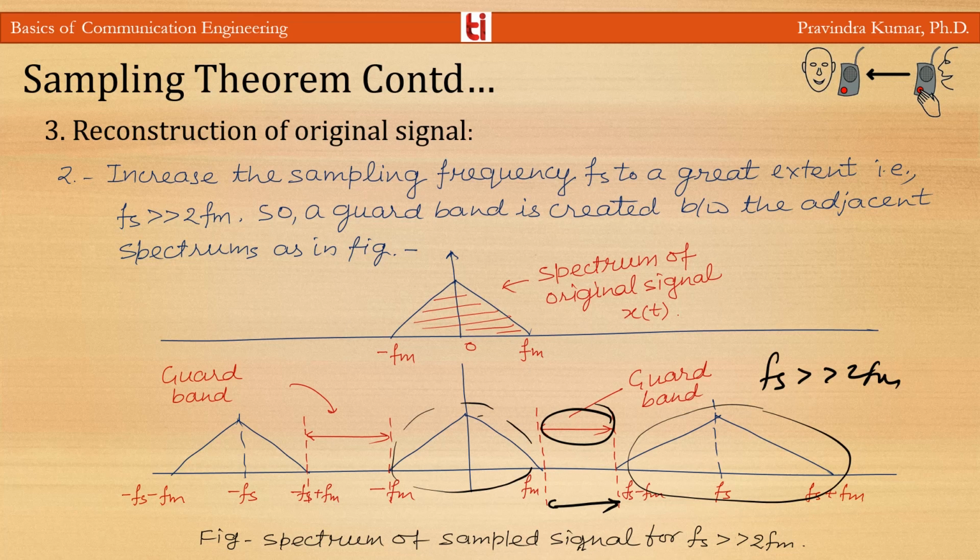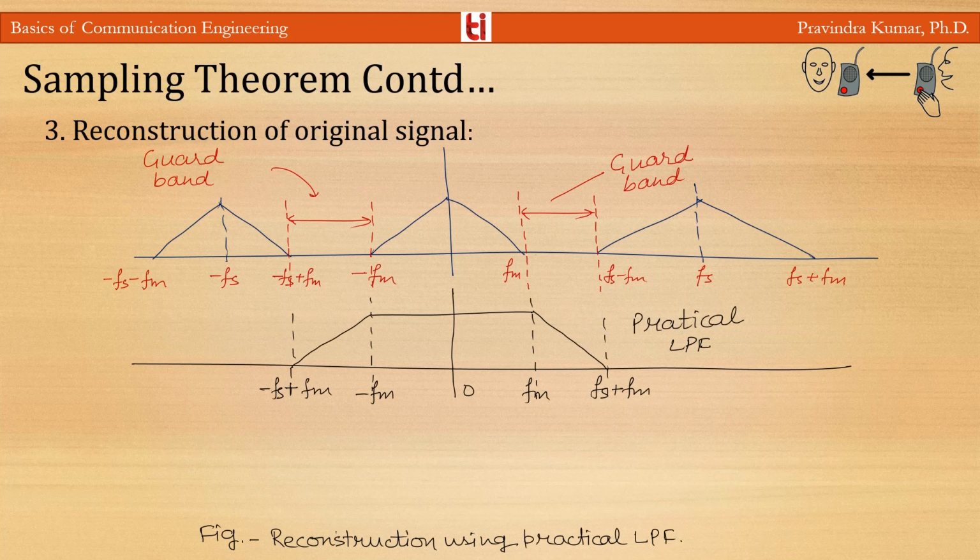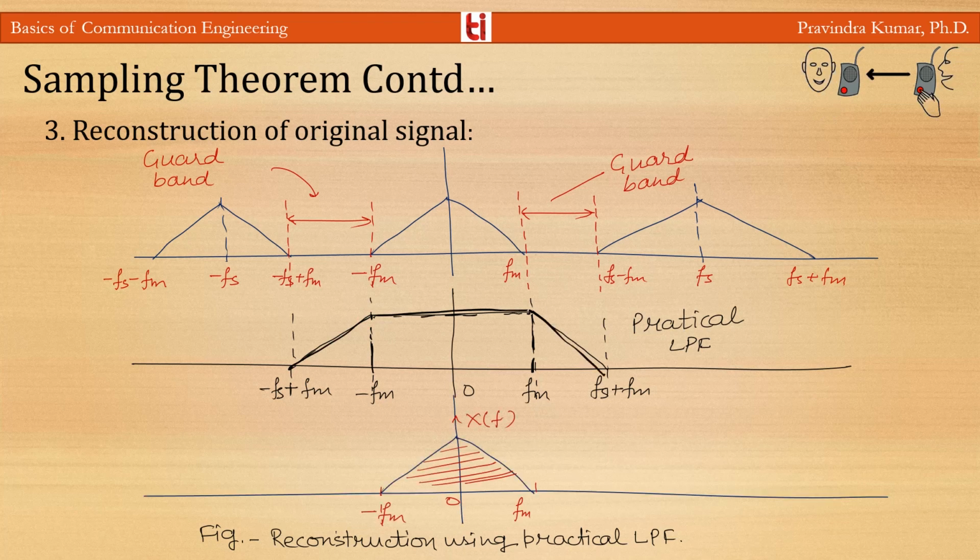So now it is possible to use a practical low pass filter without introducing any distortion, due to the presence of a guard band between the adjacent frequency spectrums. This is the response of the practical low pass filter. It is not like the ideal filter, but a practical filter has a response like this. So we can reconstruct our original signal using this practical low pass filter if fs is much greater than 2fm.